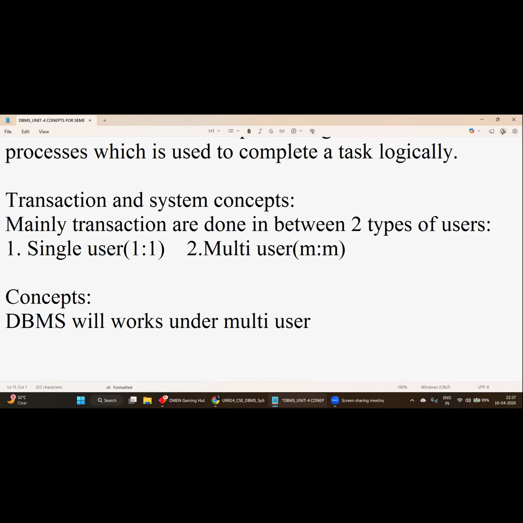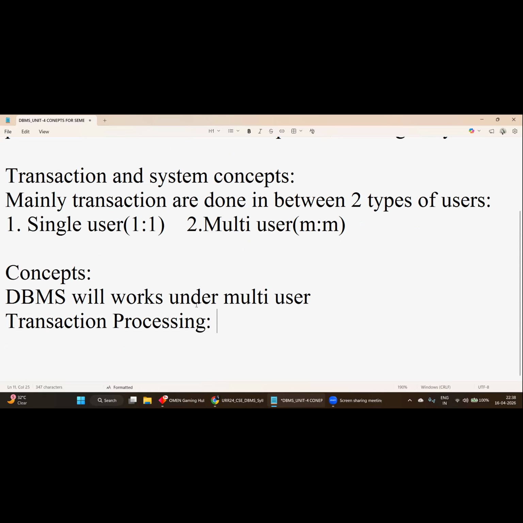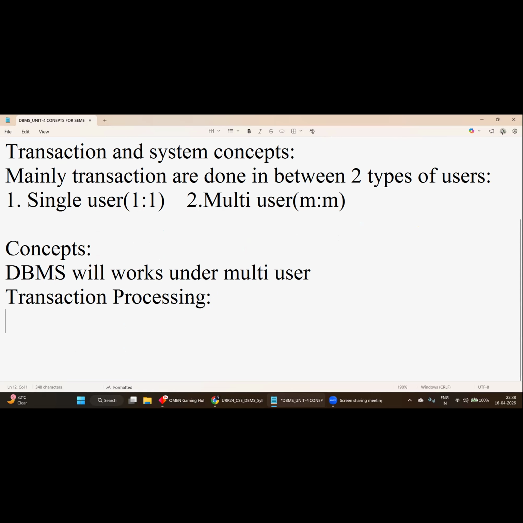And coming to the next point, now we will see the processing of transactions. Transaction processing means nothing but the way in which the transactions process between the two users, that is multi-user. We can shortly call it fashion or processing.